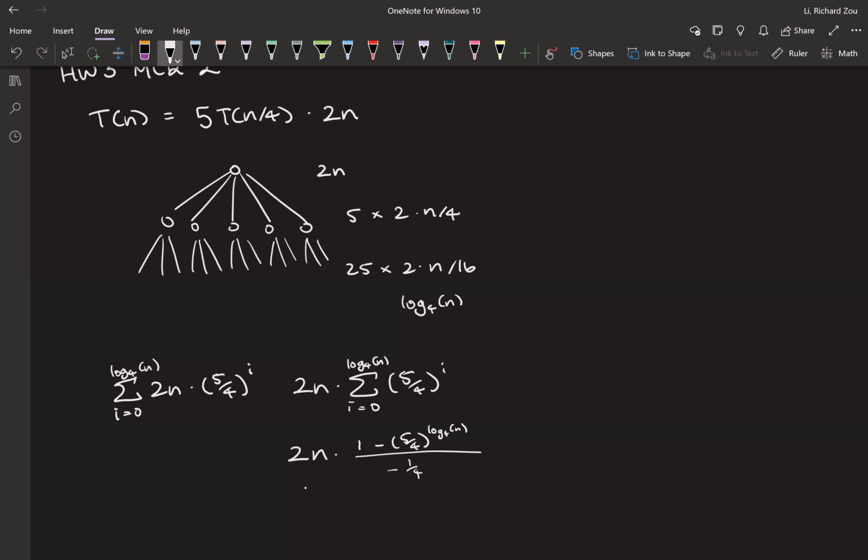And if we try to simplify this term right here, we should get that it's approximately like n to the, what? Am I just bad?